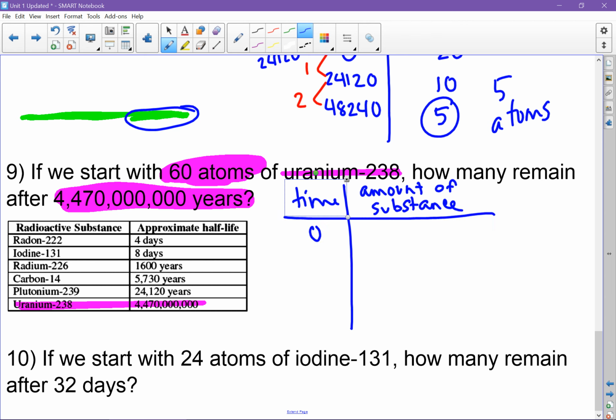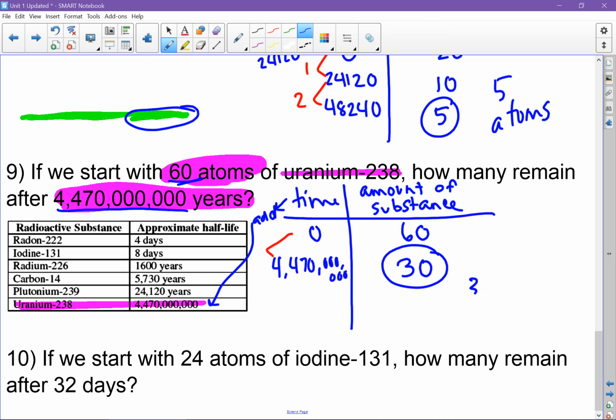Time always starts at 0, and we are going to add this big long half-life. That's what was given. So if I do that once, that's the big long number, and that's actually our goal. So what that means is this half-life has only happened once. So we can just take our original amount, which was 60, and divide it in half once. 1 half-life went by, which means that we have 30 atoms.